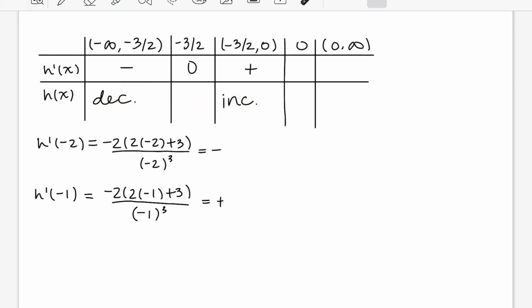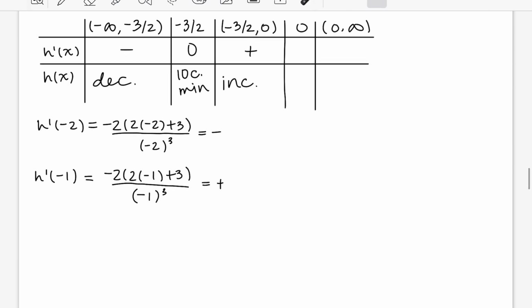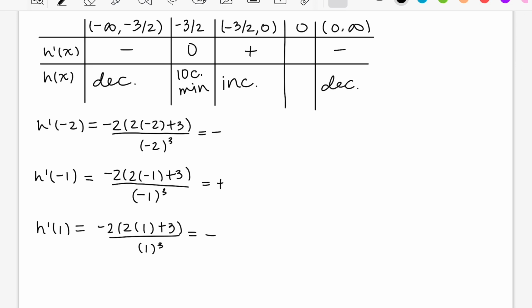So this means at this point, we're going to see a local minimum. And then we also want to see the sign of our derivative over this interval. So we'll evaluate it at 1. And we'll get a negative number here. So our function is also decreasing on that interval.